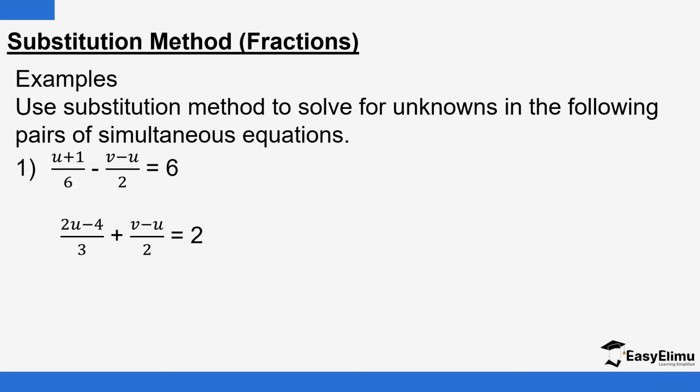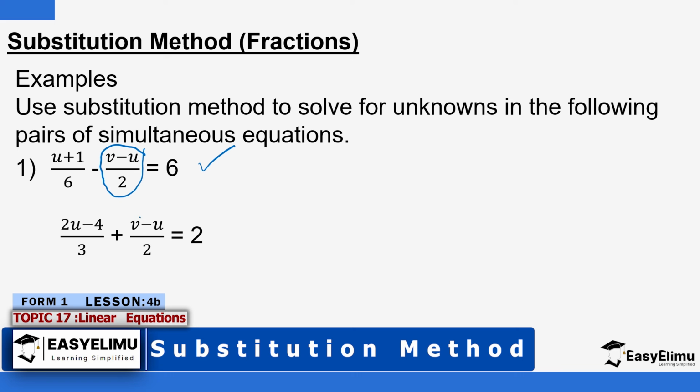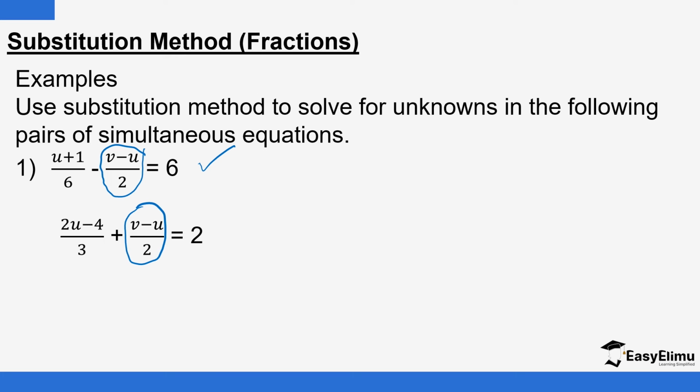We have the first example as displayed on the screen. Use the substitution method to solve for unknowns in the following pairs of simultaneous equations. So how do you go about this? Let me use equation 2, for example. I'll use equation 2 to find what value is represented by this.